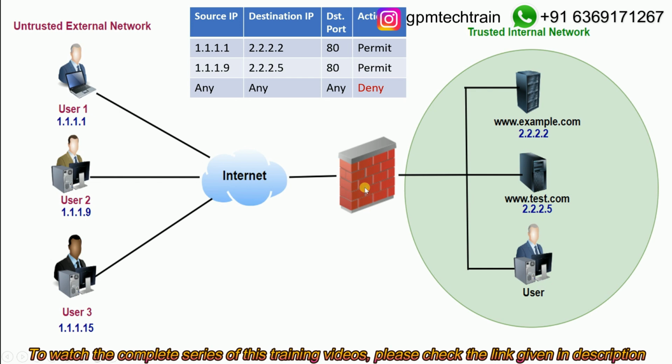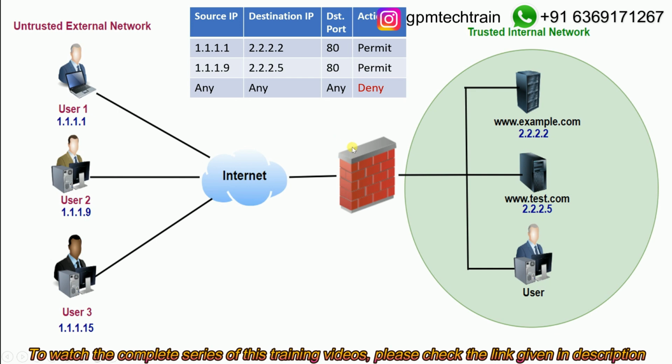Similarly, when user 1 wants to connect to test.com, when his request comes from here to the firewall, the source would be 1.1.1.1 and the destination would be 2.2.2.5.